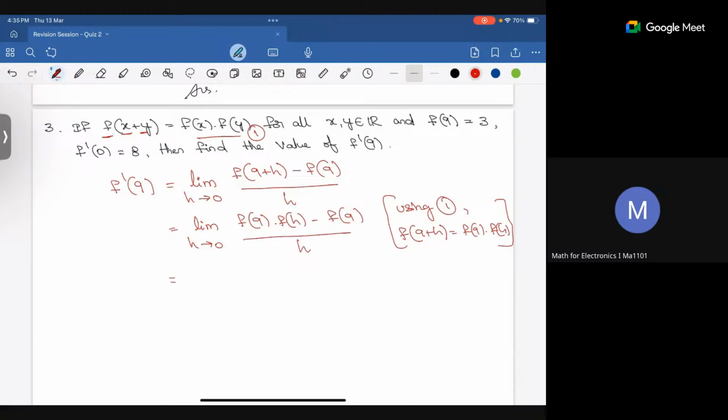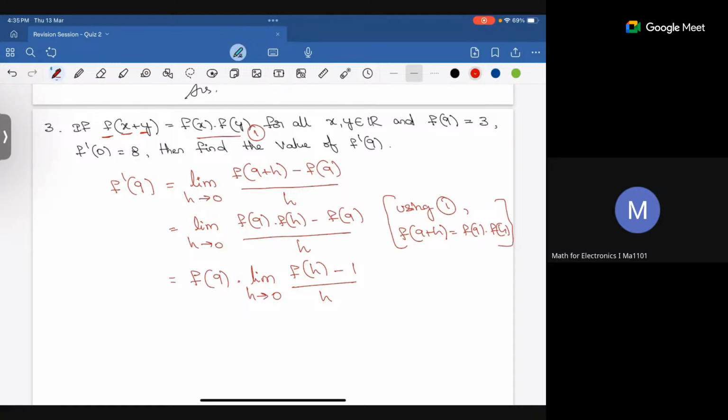Now if I pull out f of 9 from the numerator, what will I have? I will have limit h tends to 0, f of h minus 1 divided by h. Okay, so what is this looking like?